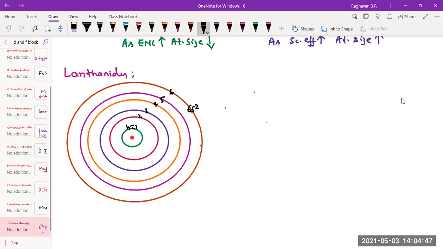After that, 5d has 0 to 1, there may be one electron or no electron. Then 4f fills 1 to 14. So in lanthanides, there are 6 shells.